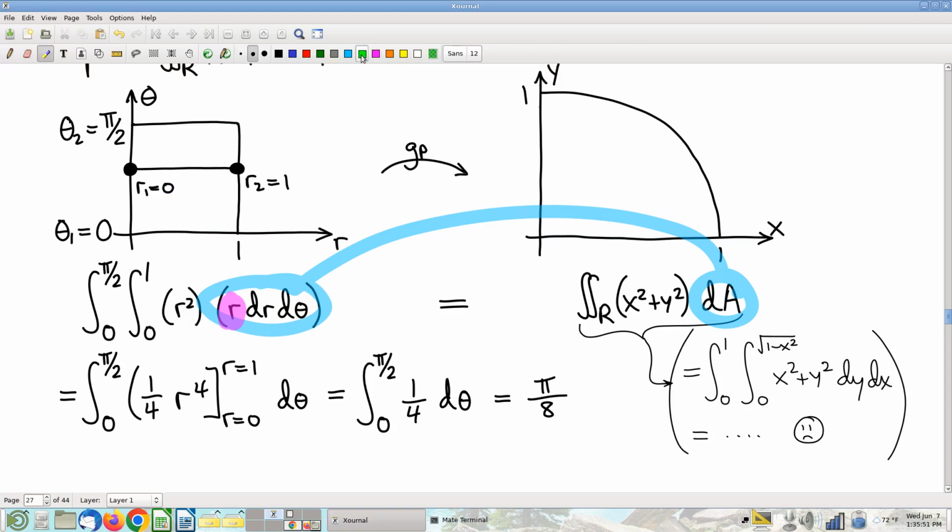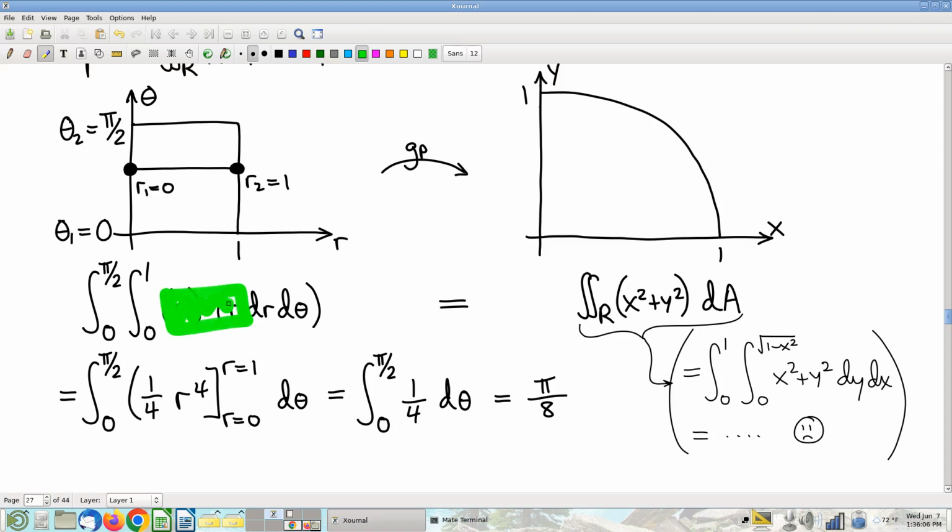A little algebra, x squared plus y squared is just r squared. That's a standard fact of polar coordinates, and we're in business. Look at this. I've got an easy integrand. My integrand is r cubed altogether, right? Easy antiderivative with respect to r. Oh, I've got constant bounds. You gotta love it. Everything's good on the left.